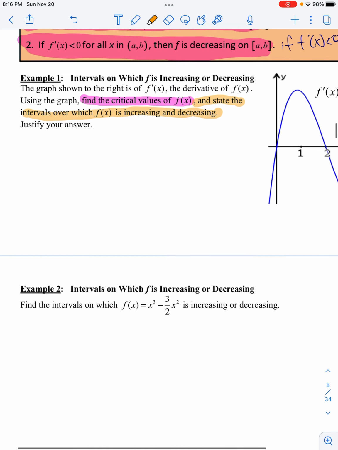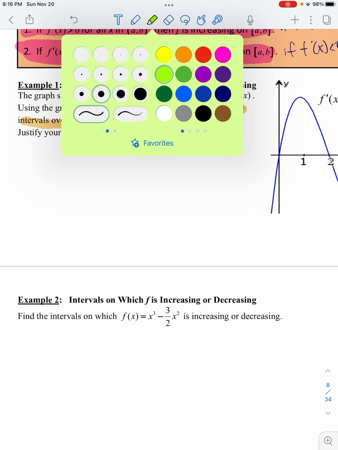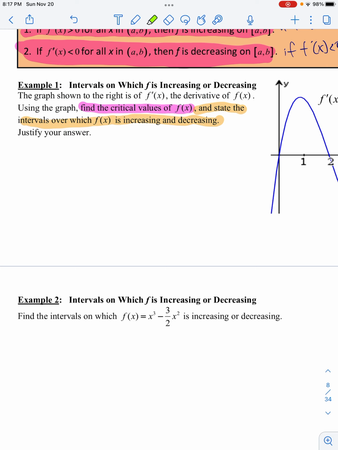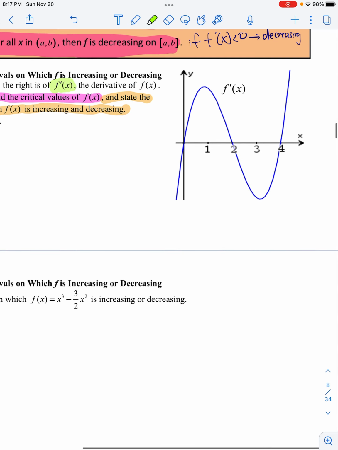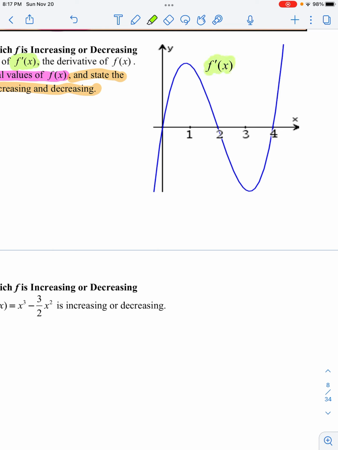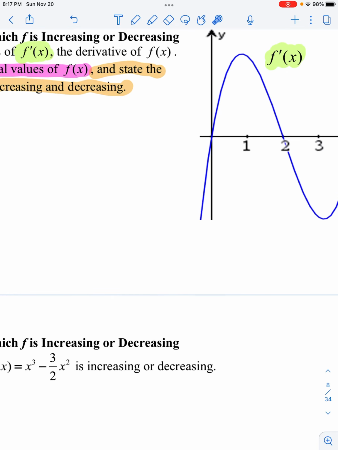One thing kids get really confused about, you need to make sure you remind yourself, we are looking at the graph of f prime. This is not the graph of f. This is not the graph of the original function, and we don't need the graph of the original function. Screw that graph. I hate that graph. No, I'm kidding. I'm sure it's great. This is the graph of f prime of x. You need to make sure you remind yourself of that absolutely constantly.